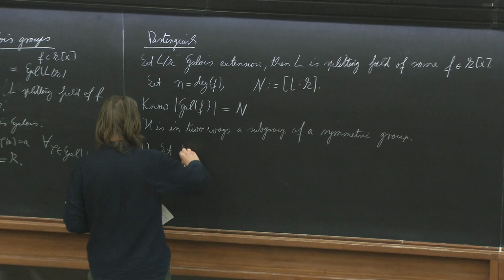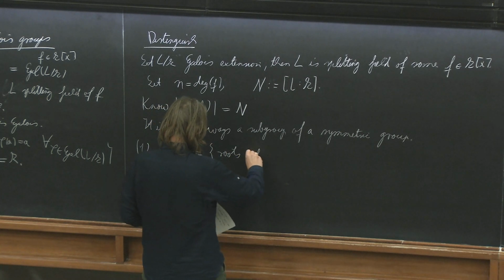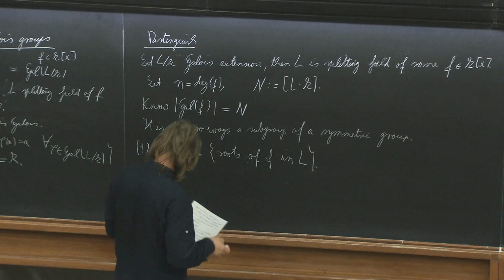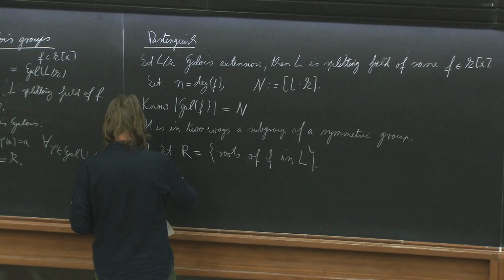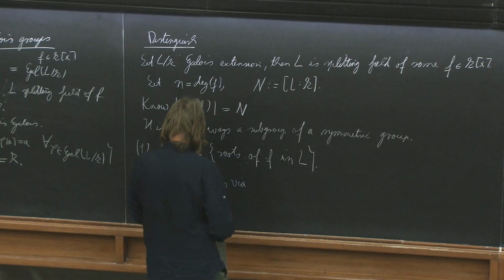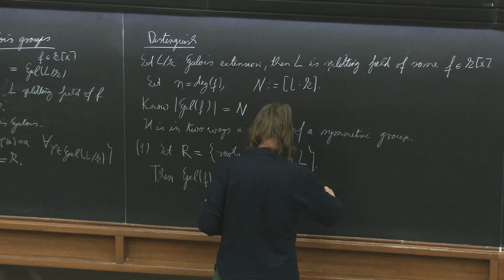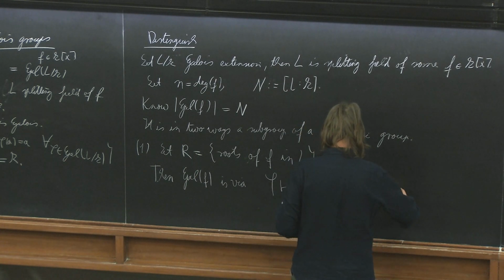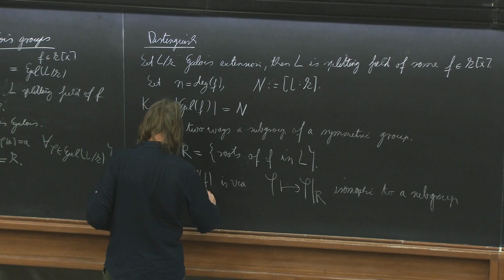So denote by R the set of all roots of f, or all zeros of f in L. Then we have seen that the Galois group of f is, via the restriction to the roots, via a map which sends an element in the Galois group to its restriction to R, isomorphic to a subgroup of the permutations of the roots.